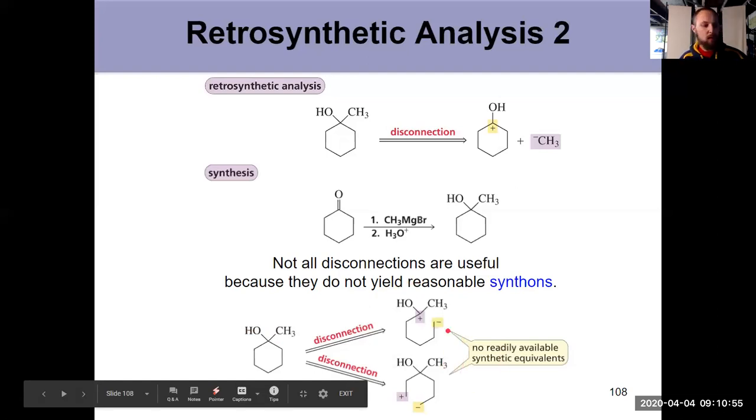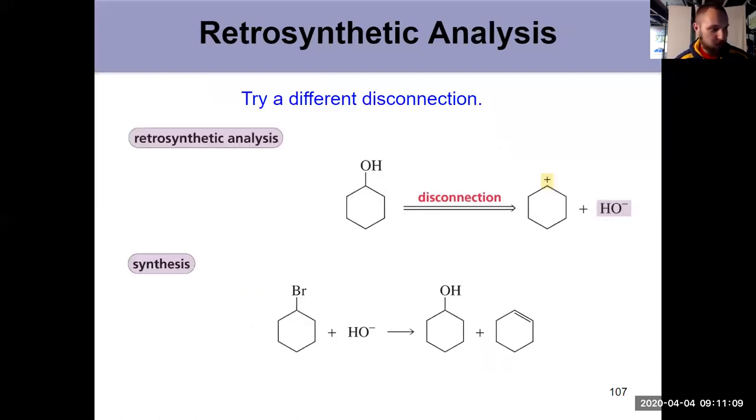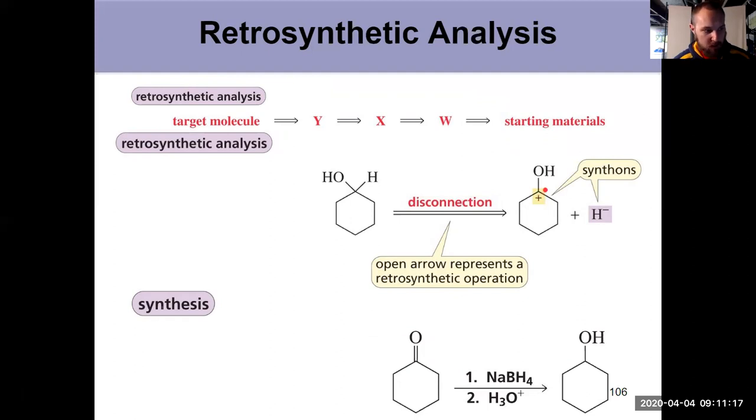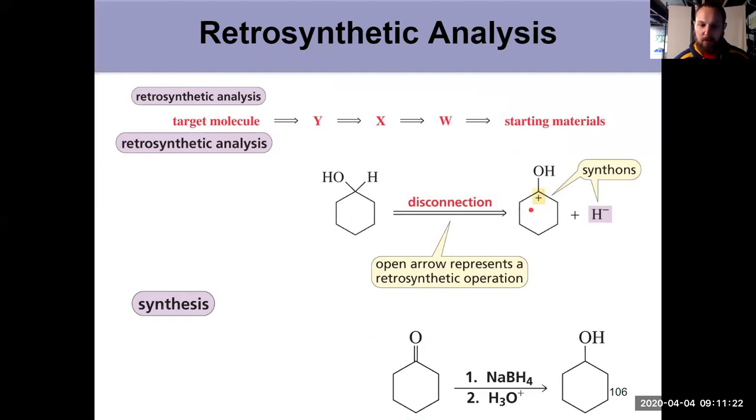So be careful. Choose a wise bond to break, and then put the positive charge and the negative charge in the appropriate places so that you can lead yourself to the synthetic equivalents. And one more note, I'm jumping back a slide again here. Actually, I'm going to go back one more. Keep in mind, this is a synthon, and you're just using it to discover you need some sort of synthetic equivalent down here that's got not a full positive charge, but a partial positive charge.